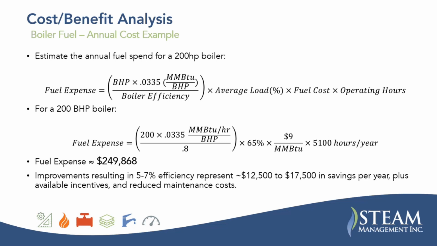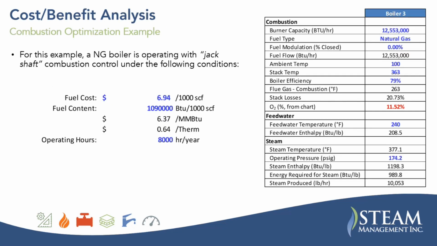If you're talking about improvements resulting in 5 to 7% efficiency improvements, you're talking about $12,500 to $17,500 per year in savings. And then tack on your available incentives and reduced maintenance costs, and you can get a pretty reasonable payback on these retrofits. I would say not just reasonable, but appealing.